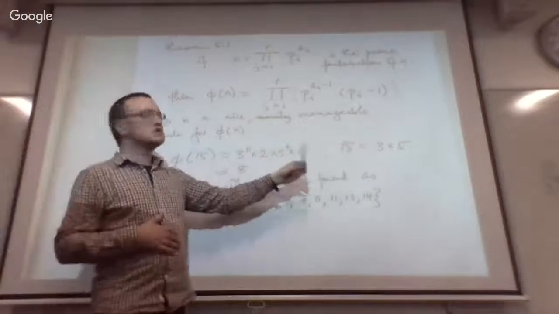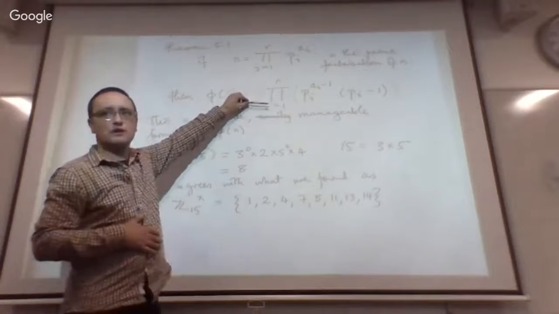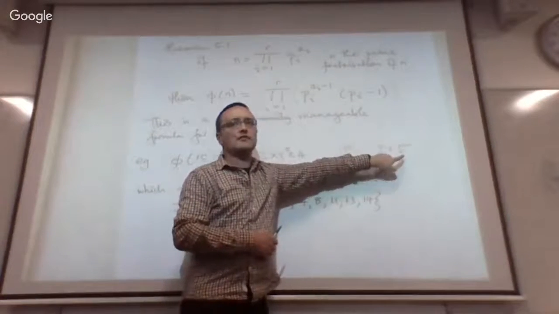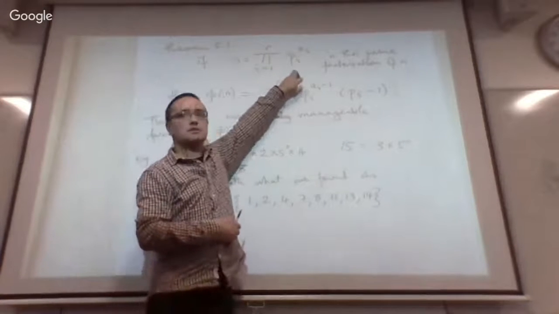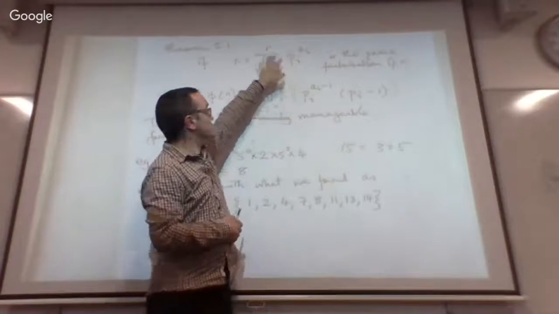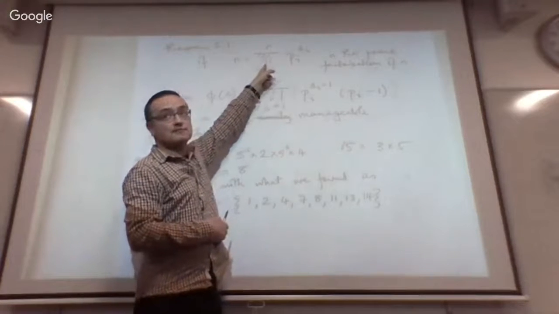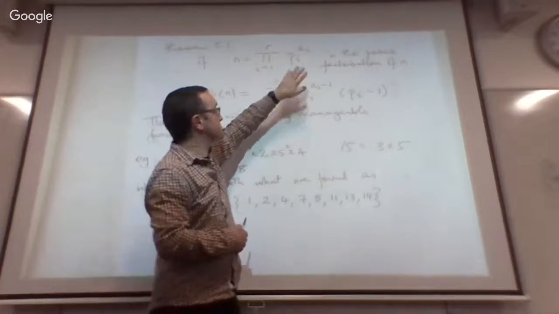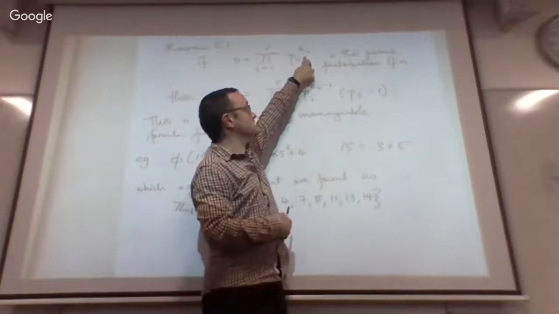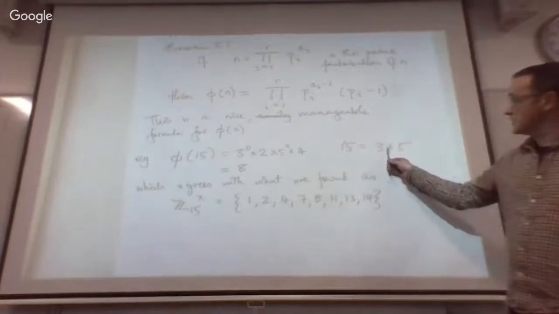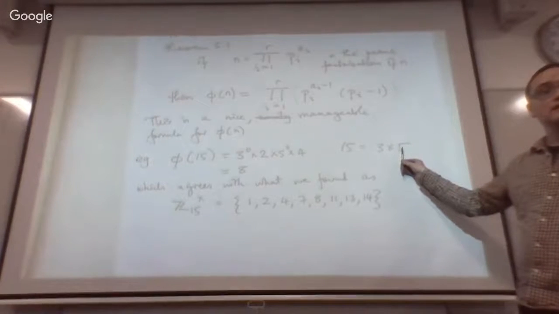So I was following this formula here. So this view of 15 is 3 by 5. This is my example of this up here. So you have to understand, it's capital pi, so that's a product operator. I'm taking the product of expressions like this, which is a prime number to some power. Here I'm taking a product over 2 prime numbers.